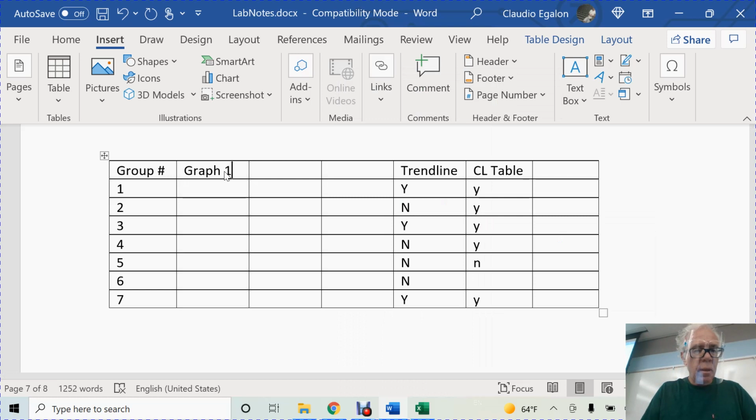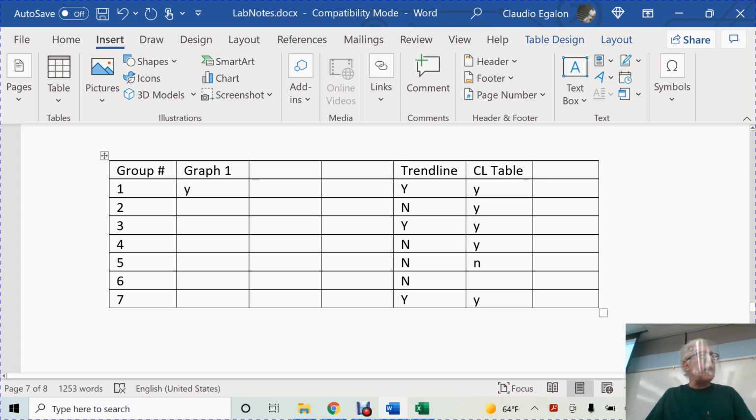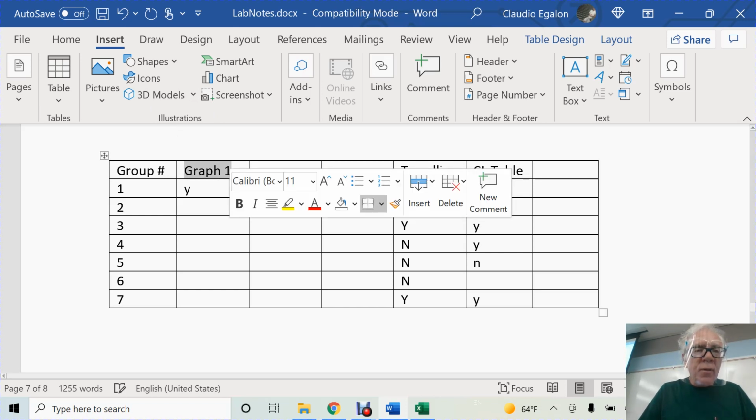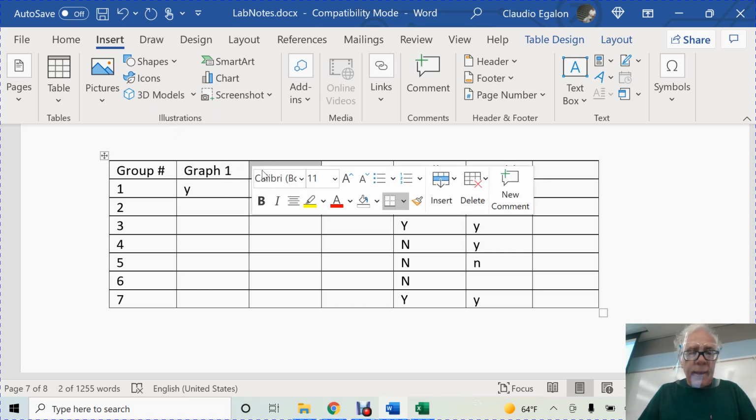Group 1, did you do the graph for the ruler? Yes? Okay. What about the graph for the vernier caliper? Yes? Okay. What about the graph for the micrometer? Yeah? Okay, good. So here you go. Group 1 seems to be in good shape. But then you gotta get the trend line. Did you do the trend line, group 1?